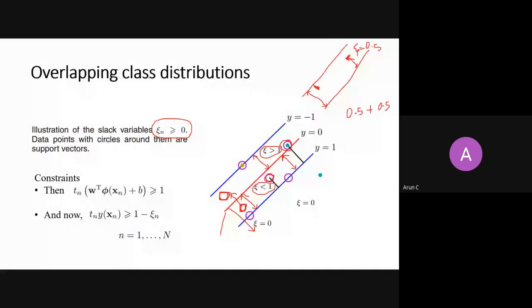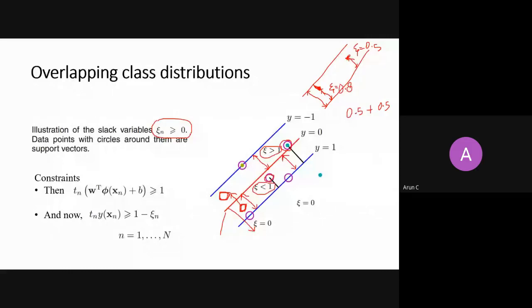I was expecting y for every point to be 1. So to make it 1, I need to add some distance here, and then this psi should be equal to 0.8, right?